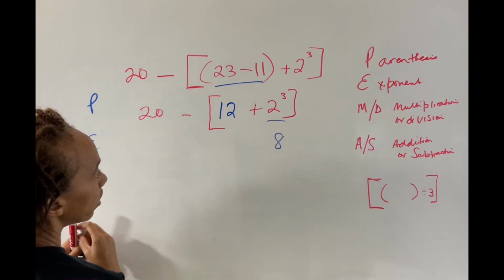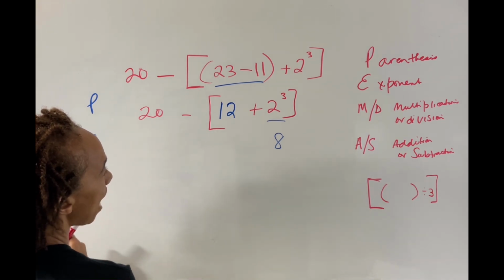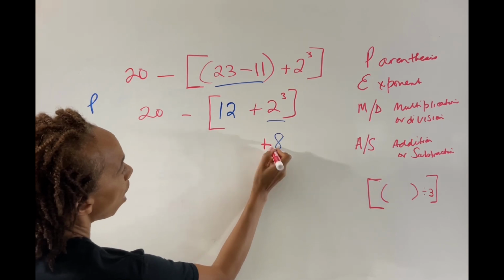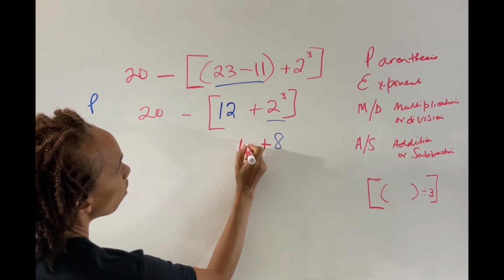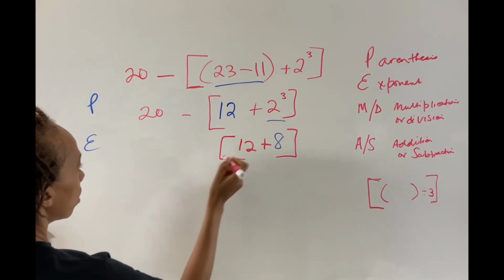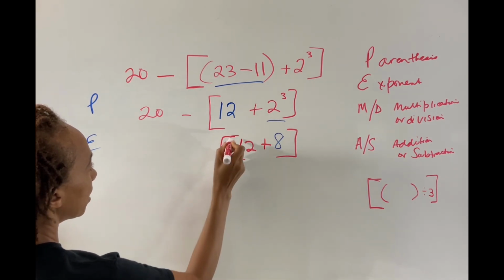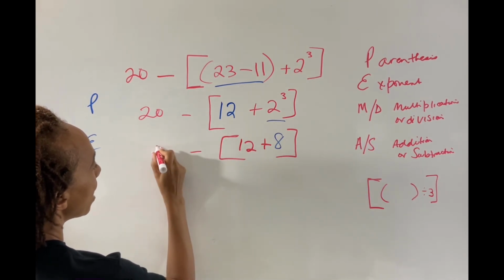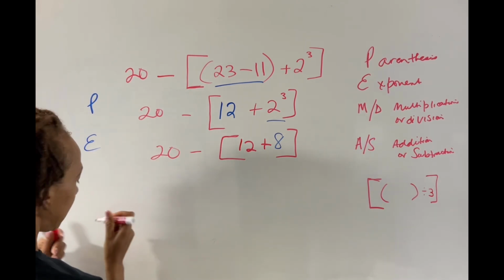And we are going to bring everything else down. We have our 12 here. We still keep our box parentheses there. And we have our 20 on this side.